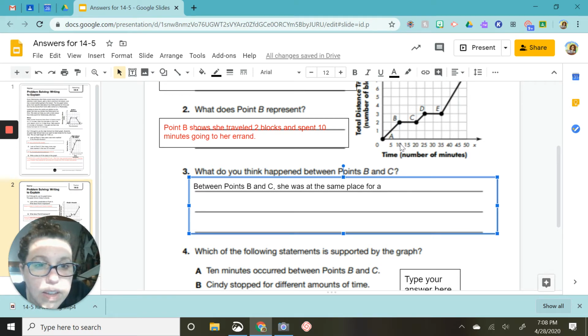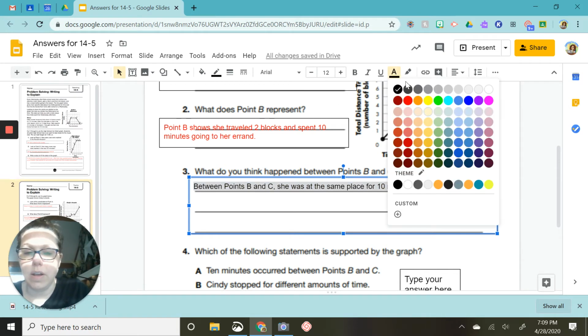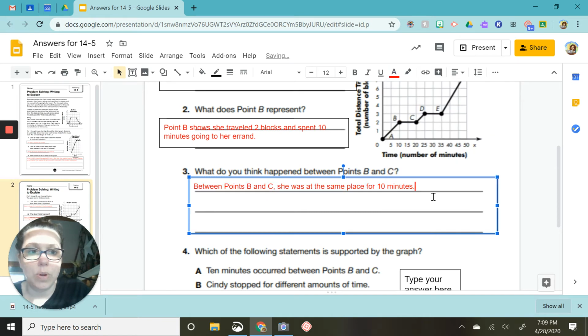Let's see, we start with the 10, we go 5, 10. She was in the same place for 10 minutes. Let me know if you have any other ideas of how you could word that or what you think she was doing at that time.